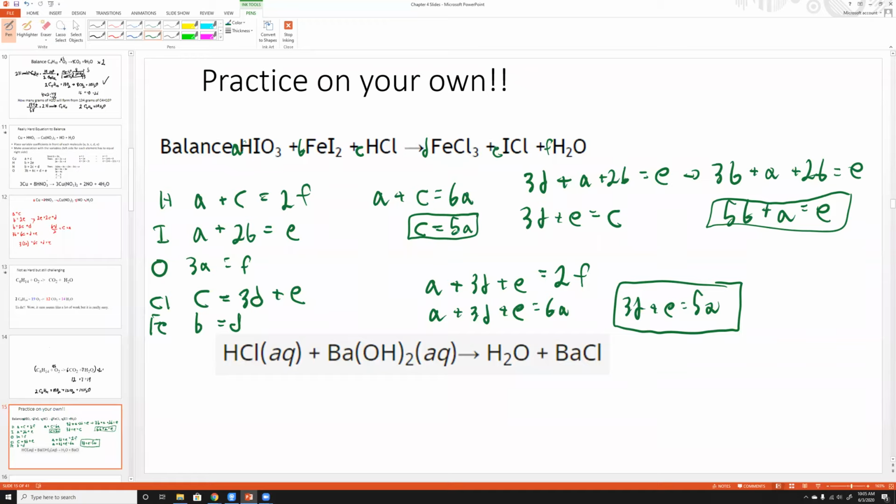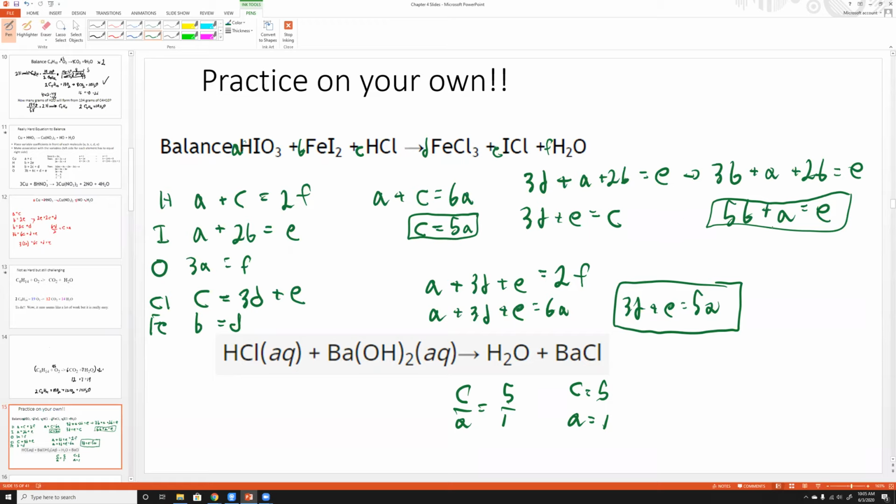Let's use this. We can divide by A. You have C over A equals 5 over 1. So we know that C equals 5, A equals 1. Okay. So then let's look at this one.